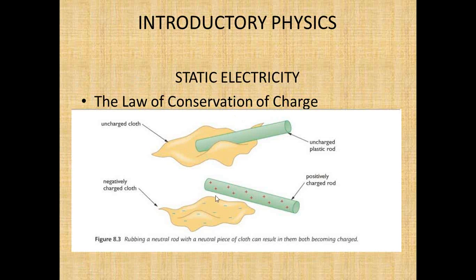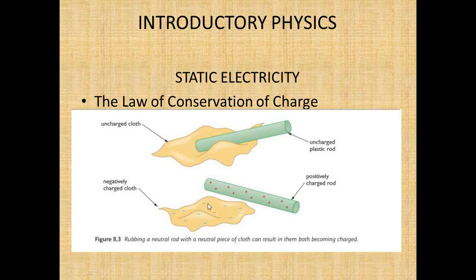When you rub them together, electrons go onto this cloth, and this plastic rod loses electrons. So it is positive by, say, 10 protons, because it lost 10 electrons.